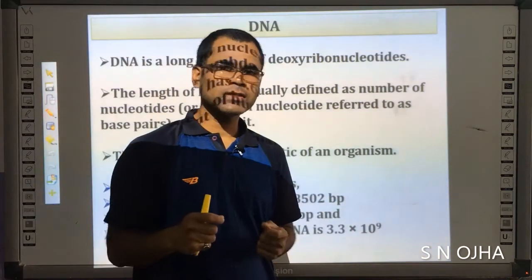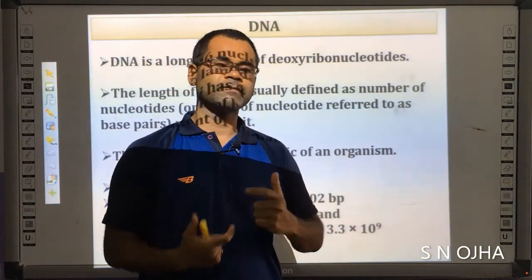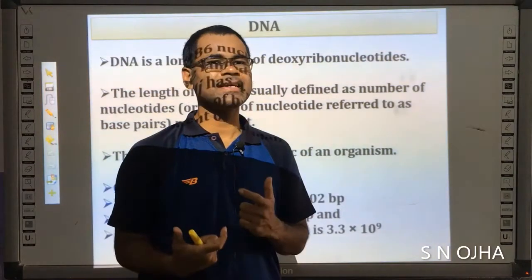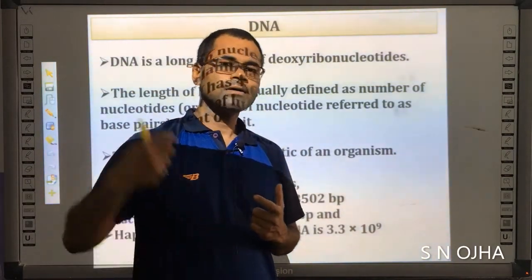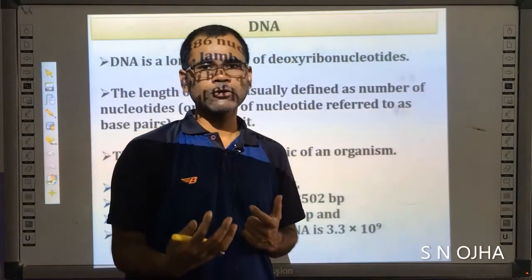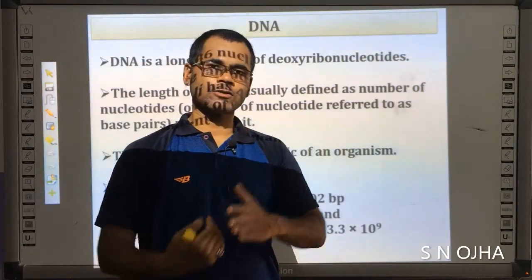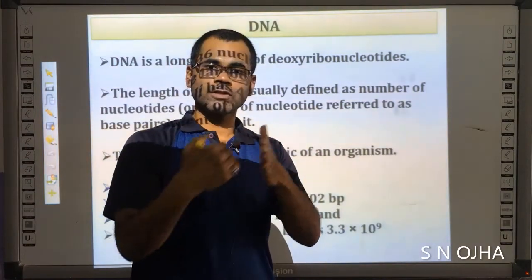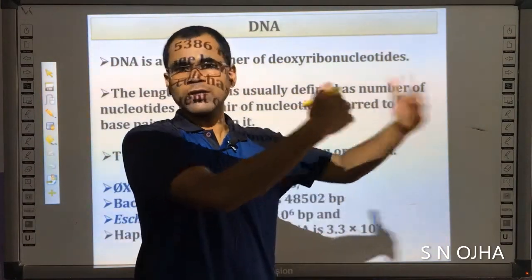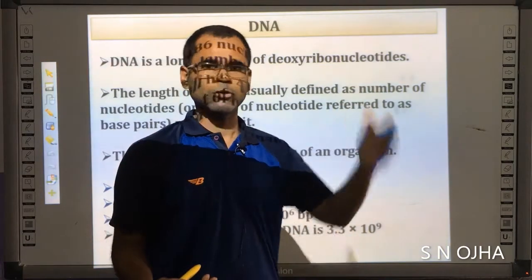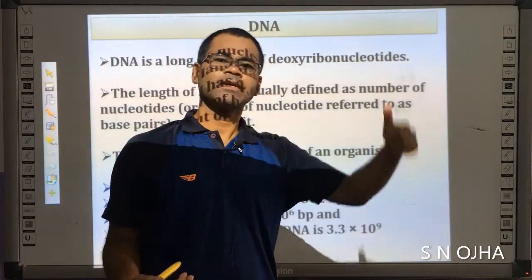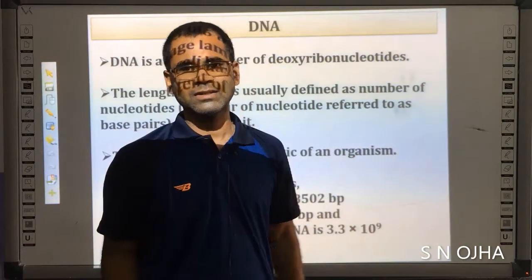Evolution can only take place when there is a change in the genetic structure, because DNA controls the characters. And how does it control the characters? DNA codes for proteins, and proteins control the characters. So when DNA changes, proteins also change. When the sequence of amino acids changes, characters also change.